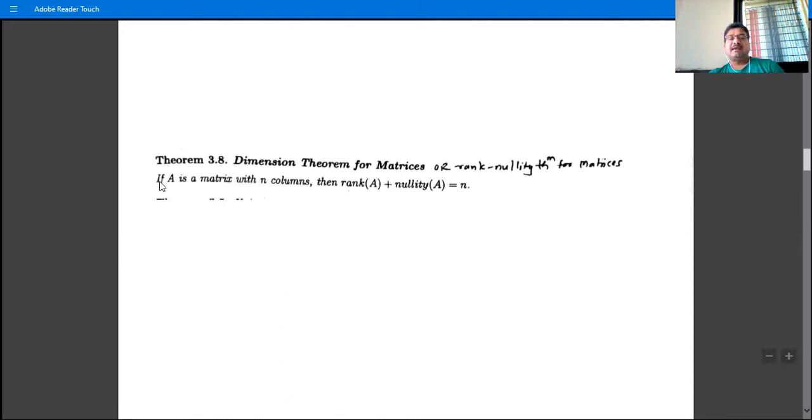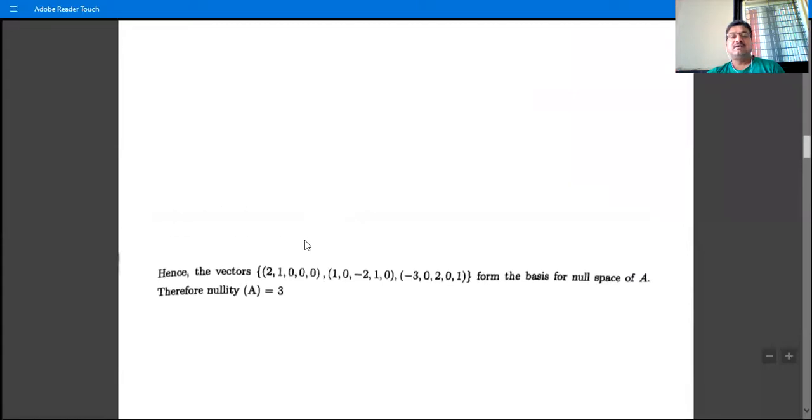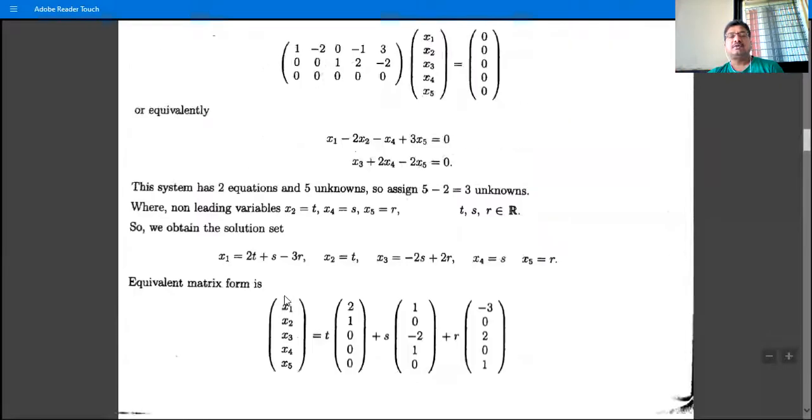What is that theorem? If A is a matrix with n columns, then rank of A plus nullity of A is equal to n. This is the rank nullity theorem for matrices, and we verify it for this example.